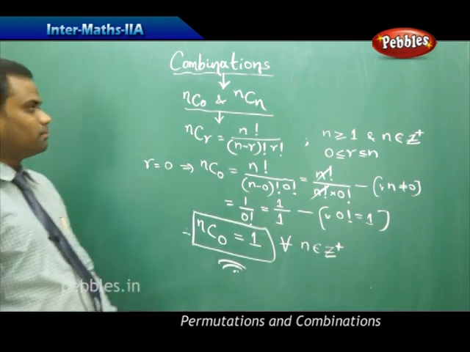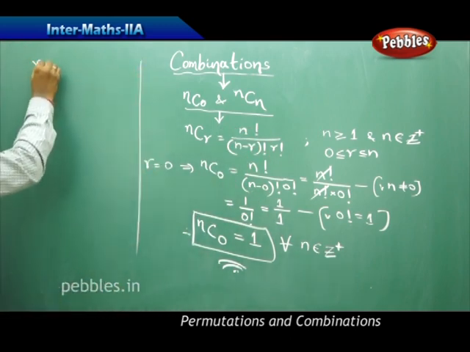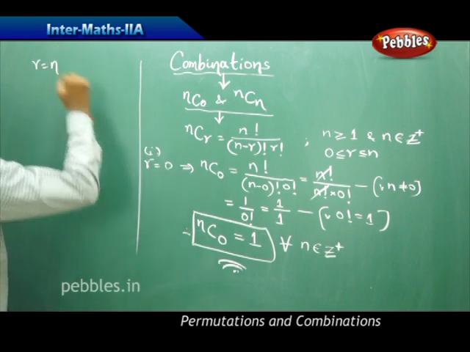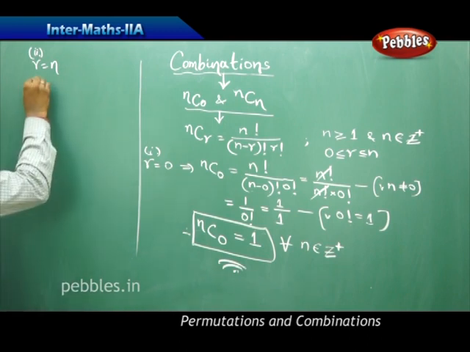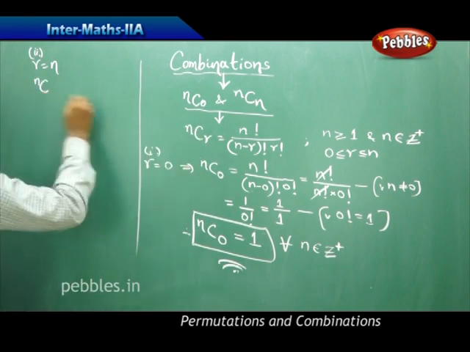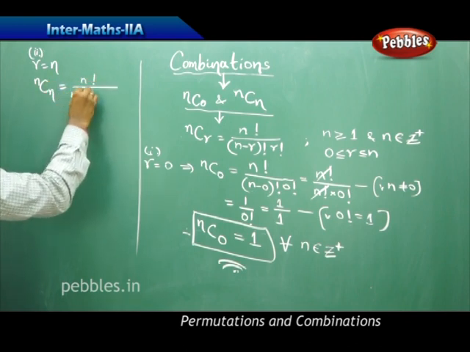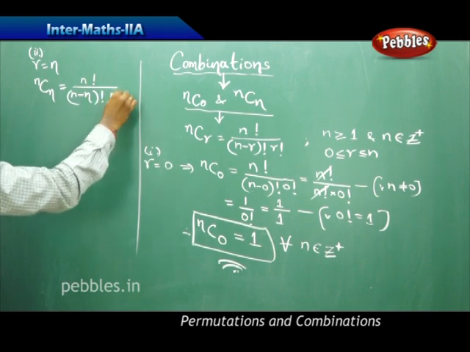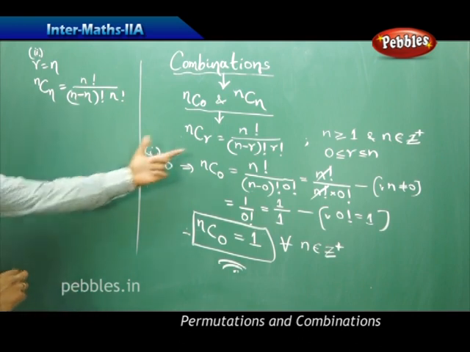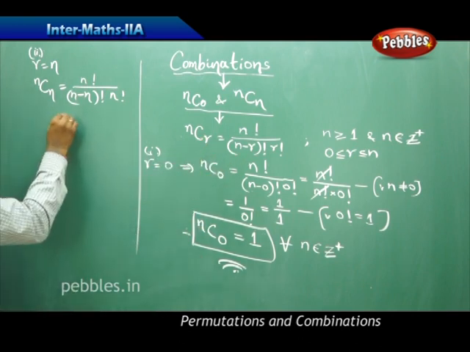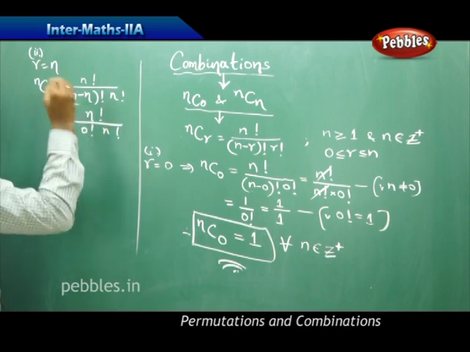Now let's see what would be the value of NCN, where I'm going to substitute R equal to n in the case 2 of this. Now when I substitute R equal to n, then my NCR gets reduced to NCN, which is n factorial by (n minus n) factorial times n factorial, because R is n, it gets replaced with R equal to n on the right side of the formula. So this would be n factorial, n minus n, which is 0, times this.